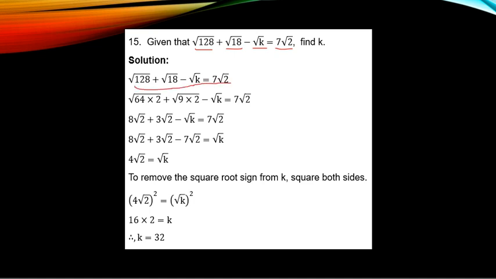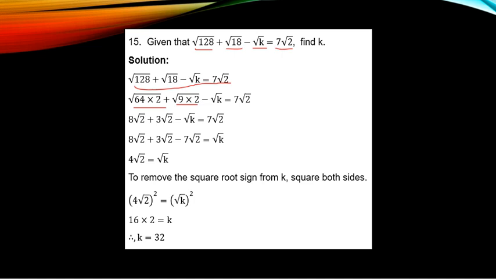First, you try to express the numbers in their simplest form, hoping to get similar surds from 128 and 18, and already root 2 is the simplest. So we are hoping of getting root 2 from 128 and 18. When you look at it carefully, to get 2, you can express 128 as 64 times 2, 18 as 9 times 2.